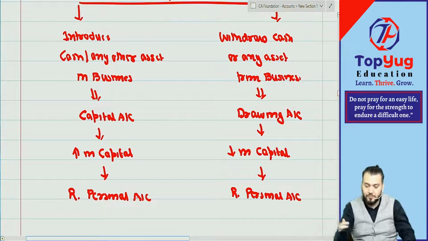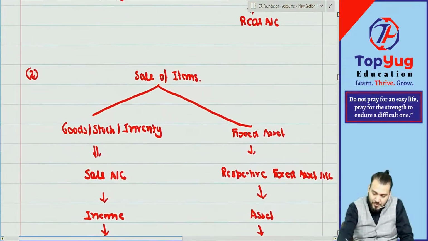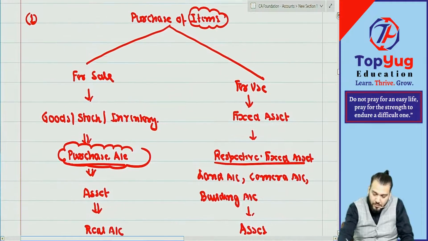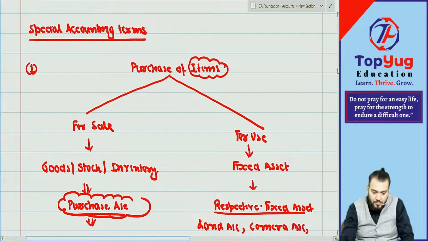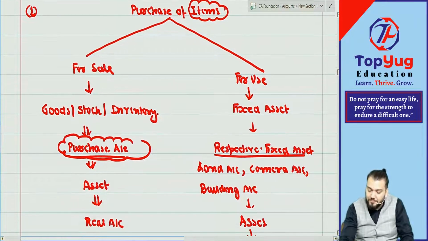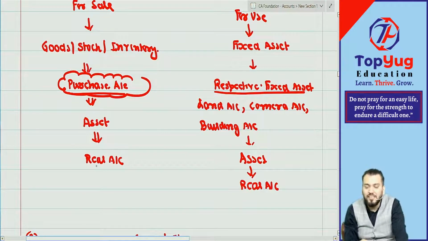Now, when I say purchase of item, purchase account is a real account. For real account, what is the rule? Debit what comes in, credit what goes out. Here goods are coming in, so it will be debited.